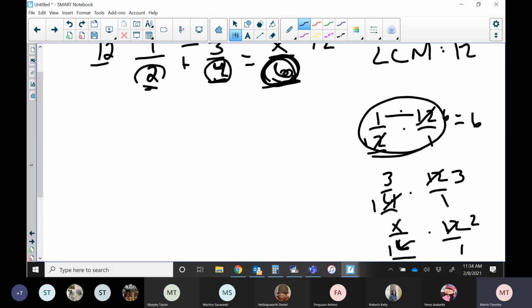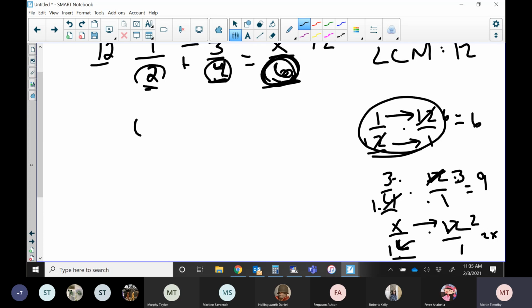How? 1 times 6 is 6. 1 times 1 is 1. 6 over 1 is 6. When I did this one, I was left with a 3 and a 3. 3 times 3 is 9 over 1 times 1 is 1. 9 over 1 is just a 9. And finally, this one turned into a 2 times x, which is 2x, over 1, which is just 2x.